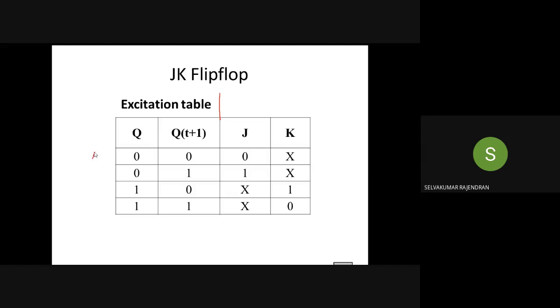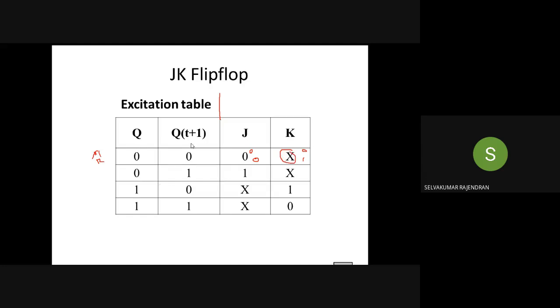One is memory state; because the next state is 0, it is also possible for reset condition. Memory state means both inputs are 0, 0. Reset condition means J equal to 0, K equal to 1. So J is retained as 0, but K varies between 0 and 1, so we assume a don't care condition.